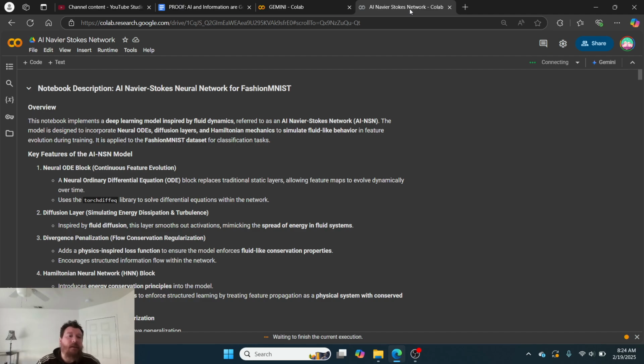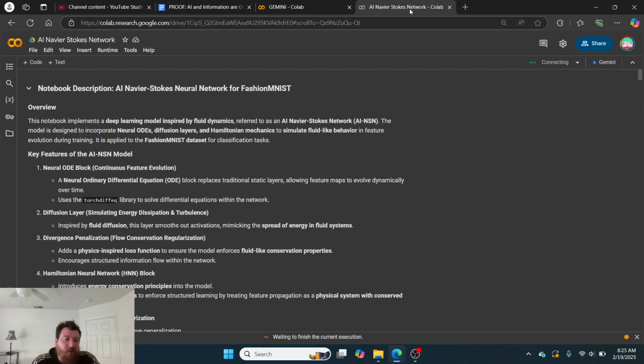And then the key differences of the AI-NSN model. So the neural ODE block, continuous feature evolution: a neural ordinary differential equation, or ODE block, replaces traditional static layers, allowing feature maps to evolve dynamically over time, and uses the torchdiffeq library, very specifically, to solve differential equations within the network. I have a diffusion layer which simulates energy dissipation and turbulence.